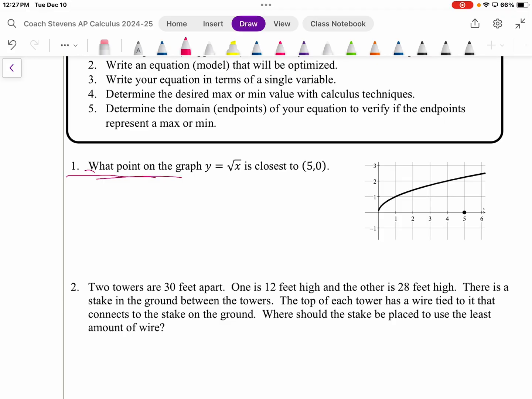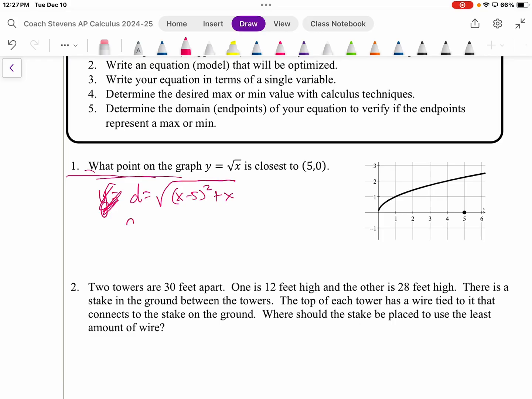We said our equation was, y equals, or sorry, d. D was the thing we're finding. See, now it's catching up. D is equal to the square root of x minus 5 quantity squared plus x. So we need to go ahead and find the derivative of this. If you want to multiply out x minus 5 quantity squared, I'd go ahead and do that.